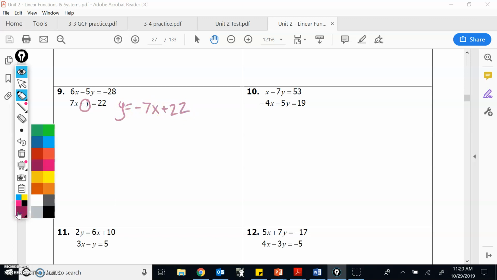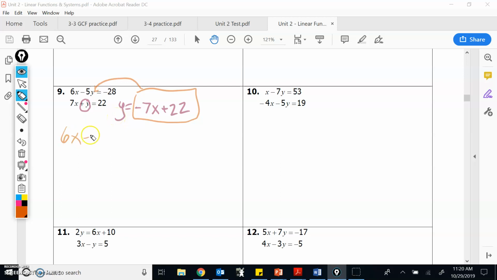And after we isolate one variable like we just did, we can substitute that quantity into the other equation. Now I'm going to write that first equation over, but instead of y, I'm going to write what it was equal to, -7x plus 22.